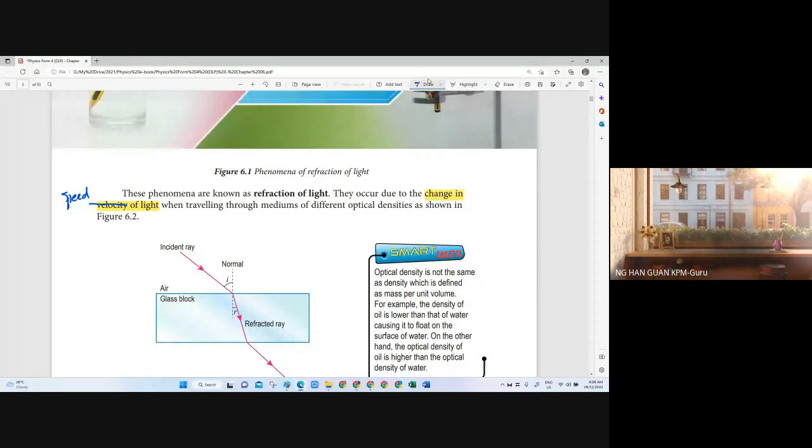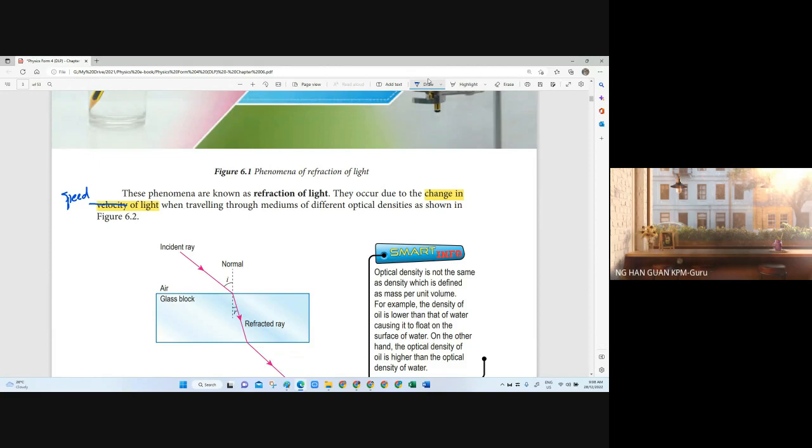So we don't know which one is changed. But once we say change in speed, it is clearer. It is due to the change in magnitude, because speed is a scalar quantity and doesn't involve direction. So we know that it becomes slower or faster.